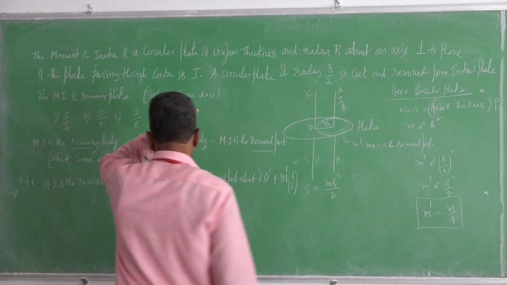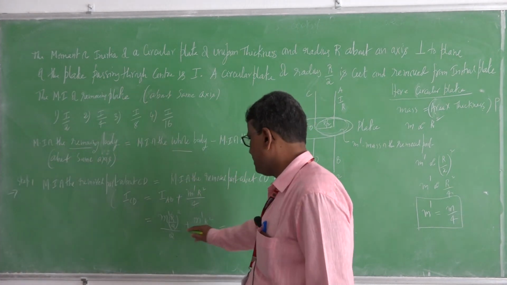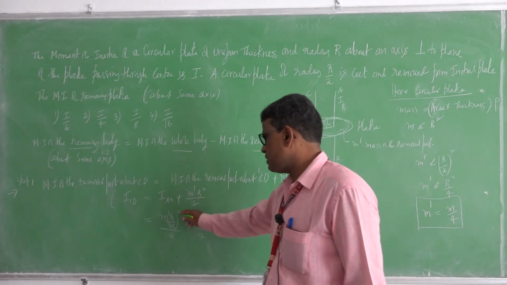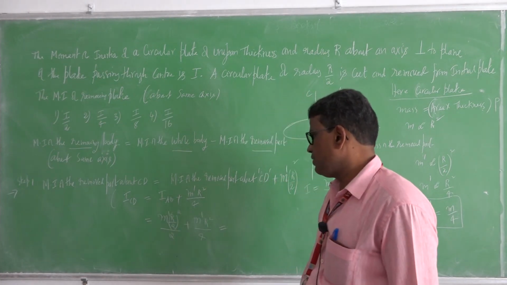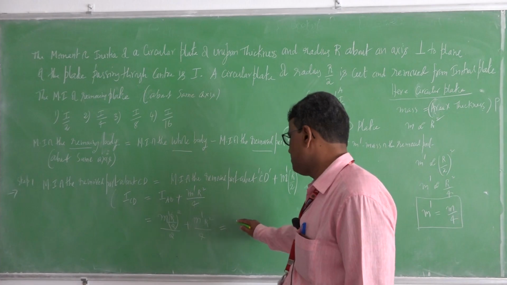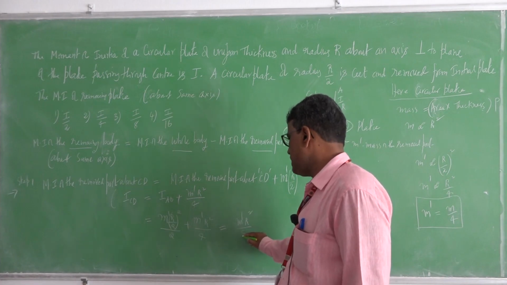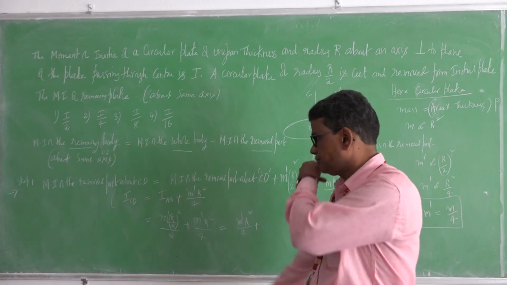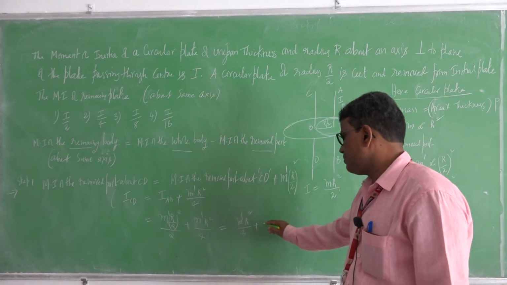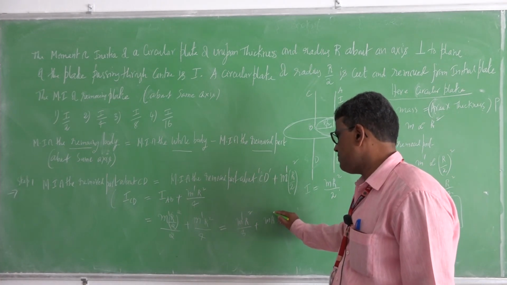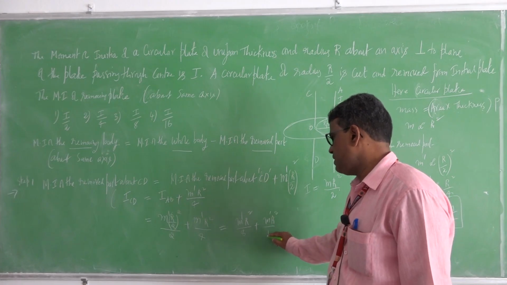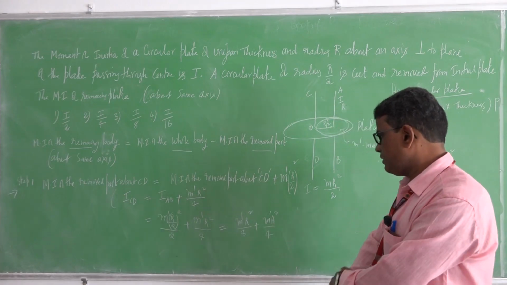So this is m dash r square by 8, plus m dash r square by 4. We add these two.